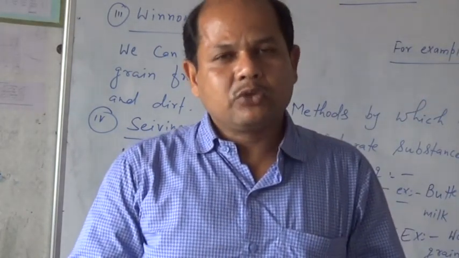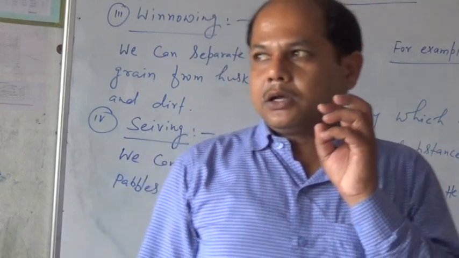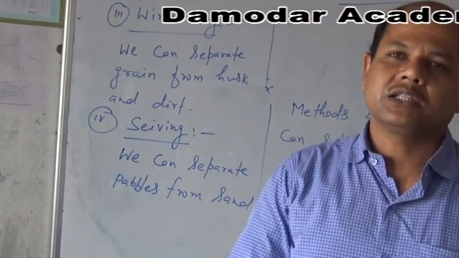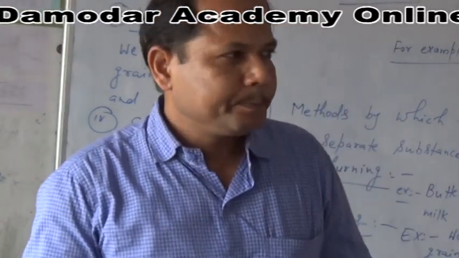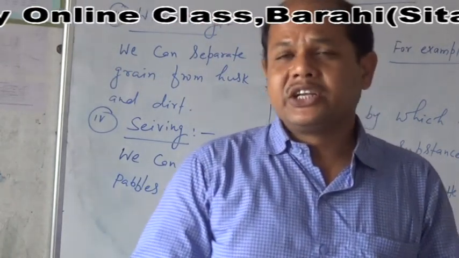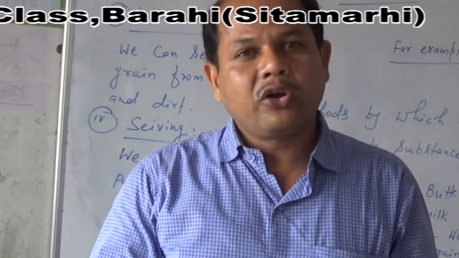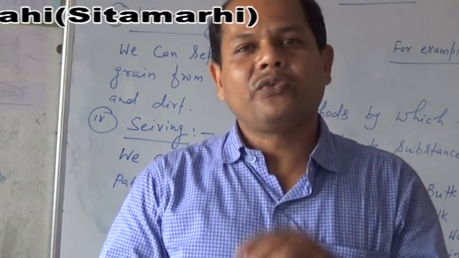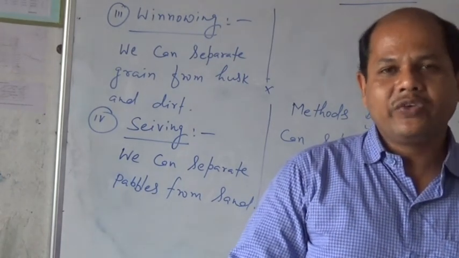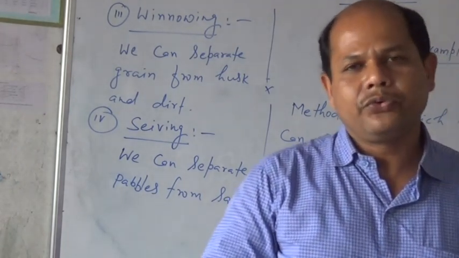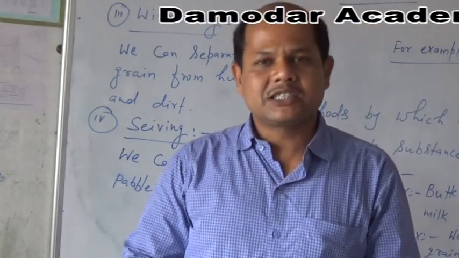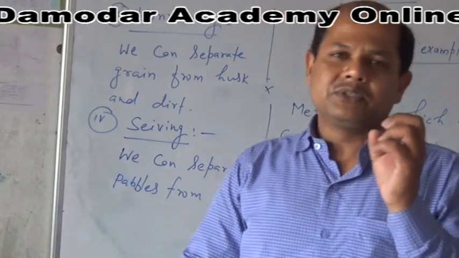Filtration के द्वारा हम आसानी से चाय की पत्ती को चाय से छान के अलग करते हैं। If we prepare our tea, there are tea leaves present. We cannot separate them with our hands or with any other method. So we can separate them with the help of filtration. Filtration is the process by which we can easily separate tea leaves from tea.